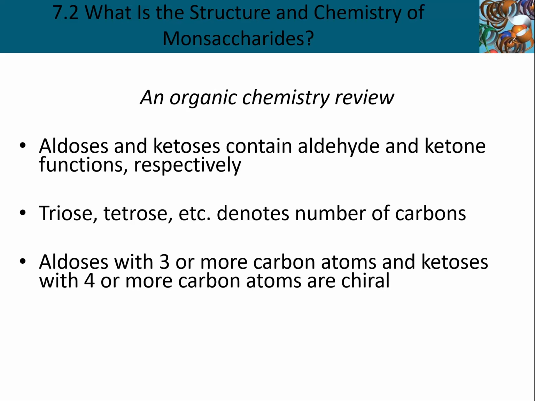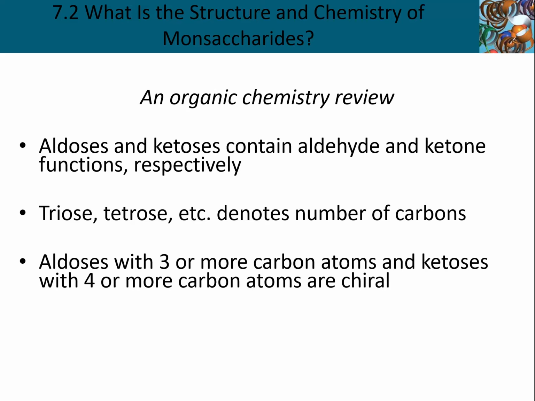And these different classes of carbohydrates can have different numbers of carbons in their backbone. So we can have trioses, tetroses, etc. Based on the number, and that would have 3 carbons in the chain, 4 carbons in the chain, 5 carbons, etc.